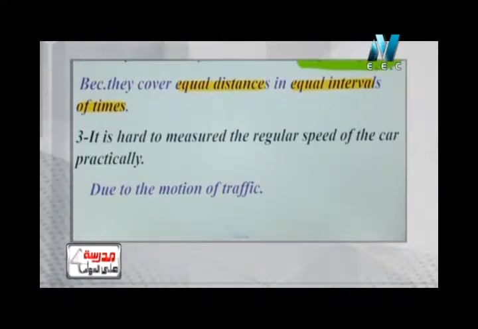Okay. As we see, dear students, in these questions, زي ما شفنا في الأسئلة اللي فاتت دي كلها, we have the key of the answer inside the question. عندنا مفتاح الإجابة جوه السؤال.